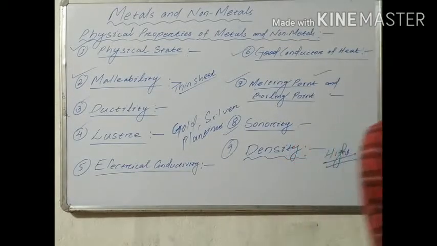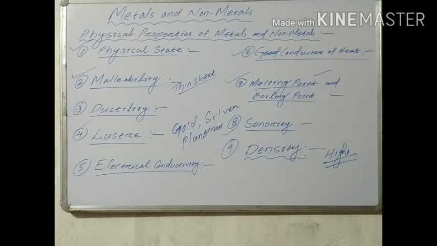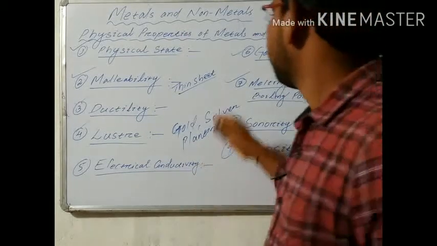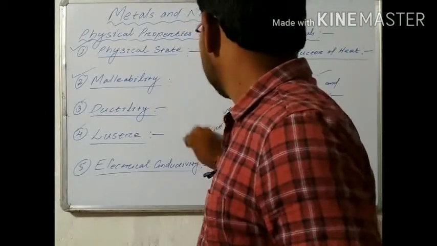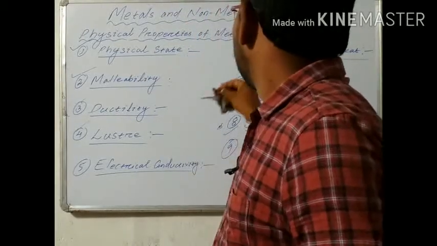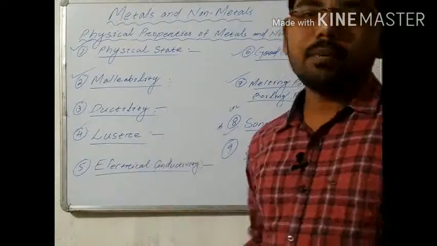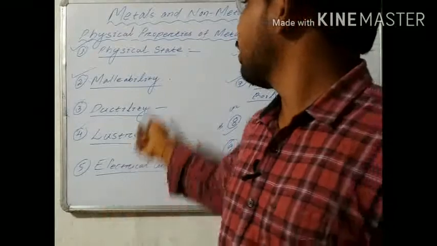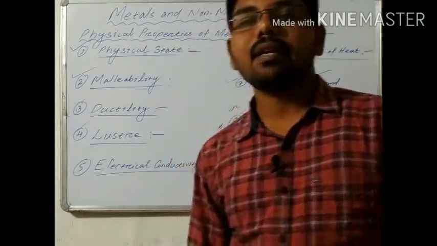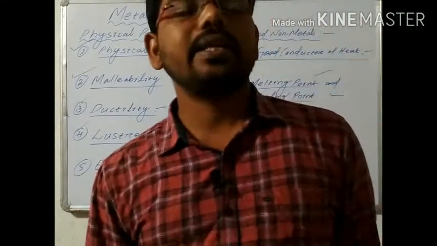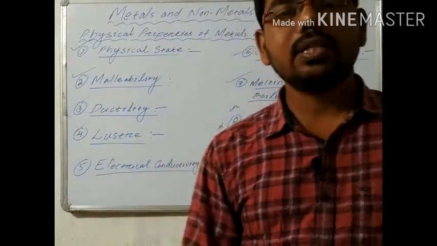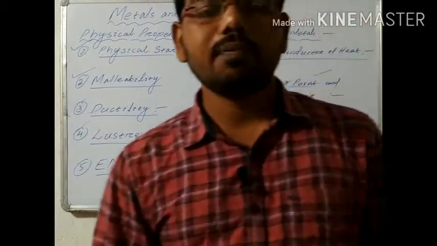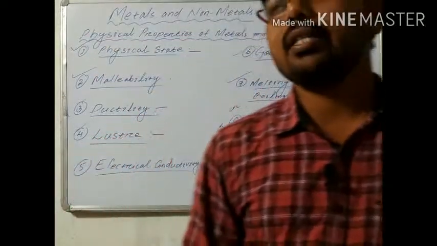Next we will discuss some physical properties of non-metals. Non-metals also have many common properties, and mainly we look at their physical state. The non-metals are found in solid, liquid and gaseous states. In the solid state we mainly find carbon and phosphorus, and in the liquid state there is bromine.